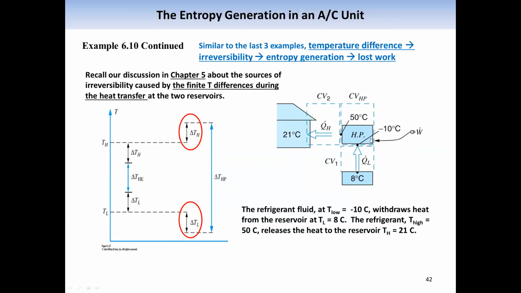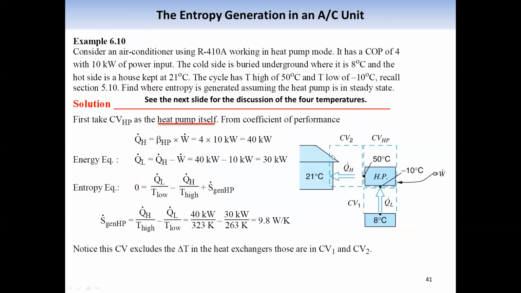It has work going in. The fluid actually has two temperatures: one at minus 10, the other at 50, a higher temperature. If we would like to analyze the entropy change for each of these control volumes, let's look at the heat pump.